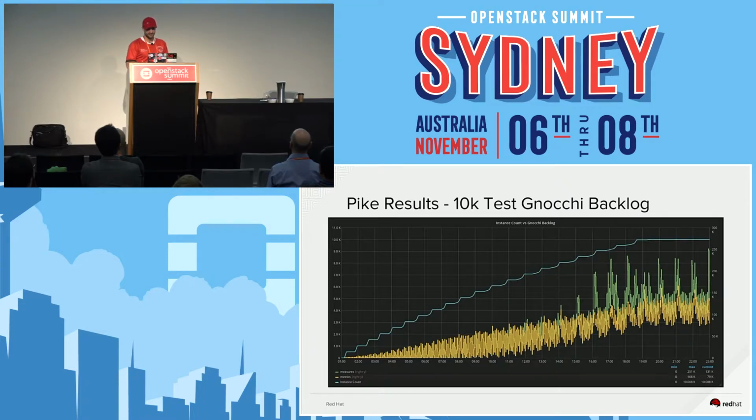In this case, we can see that after around 5,000 or so instances, we no longer see this return to 0 behavior, where the yellow line no longer touches the bottom. And if you look, that is the backlog, on the right side y-axis.